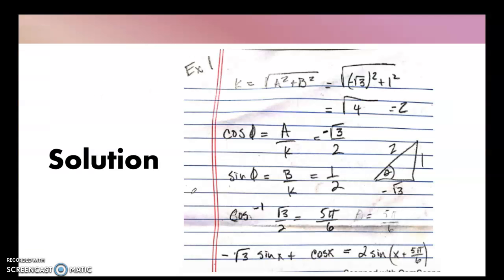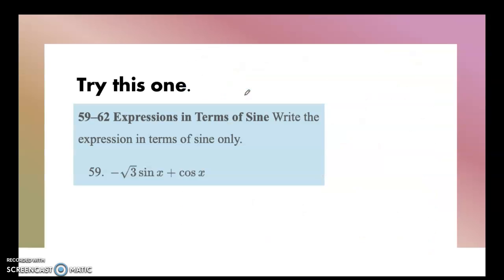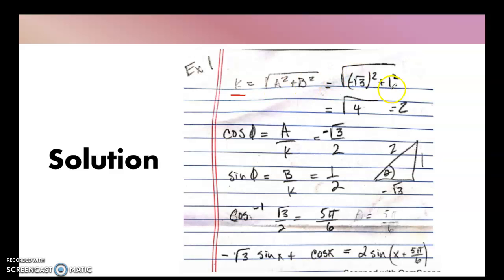Okay, there's the solution. Notice I found my k, which is just the square root of a squared plus b squared, and a was negative root 3, and b was 1, and it came out to be 2. My cosine of phi is going to be negative root 3 over 2. My sine is going to be 1/2. So we do inverse cosine of root 3 over 2, which is 5 pi sixth.